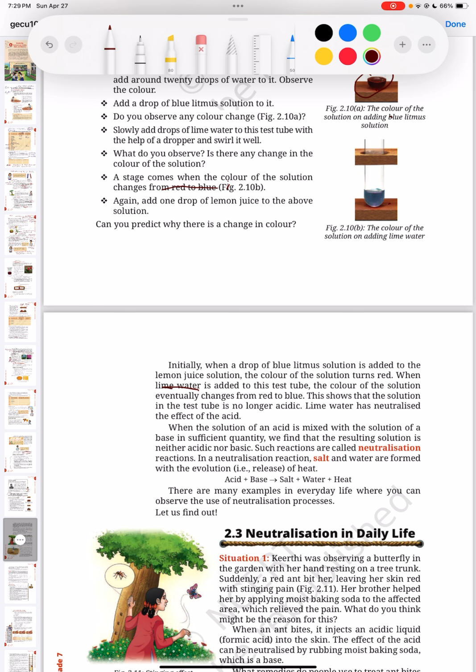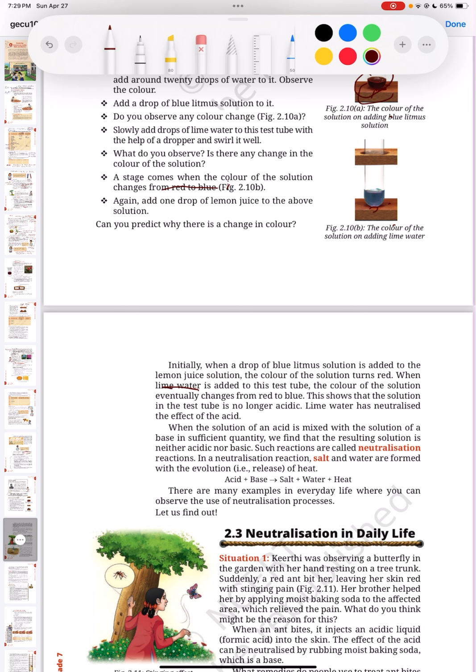All right. Okay, so what happened, right? The idea is that the nature of this solution turned from acidic to non-acidic, right? Remember that the blue litmus solution remains blue if it comes in contact with neutral or basic substances.